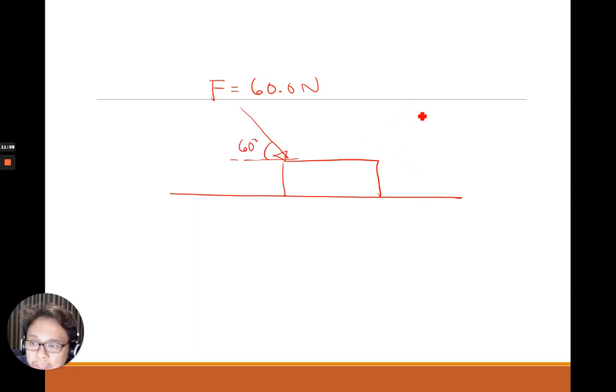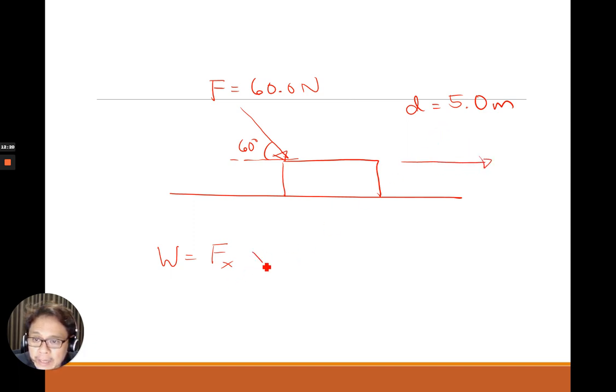The given displacement is 5.0 meters. What is the work done? Work is equal to the x component, because the x component is the one that is in the same line of action as the displacement.